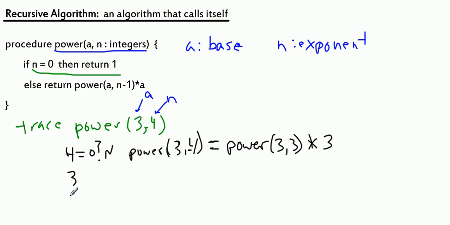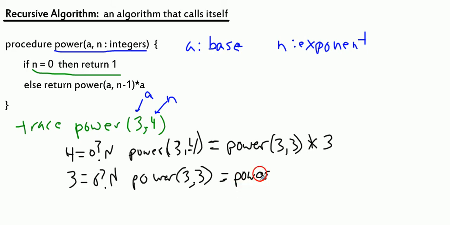Okay, now is the exponent 3 equal to 0? Again, the answer is no. So we're going to let power of 3 comma 3 get to the recursive step.